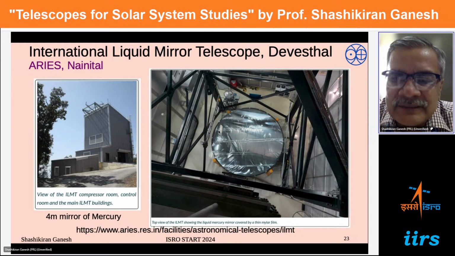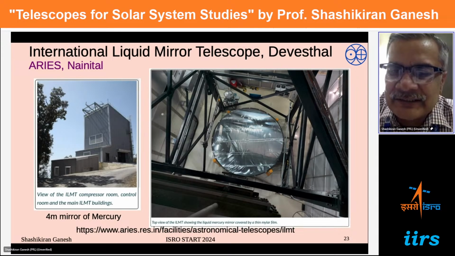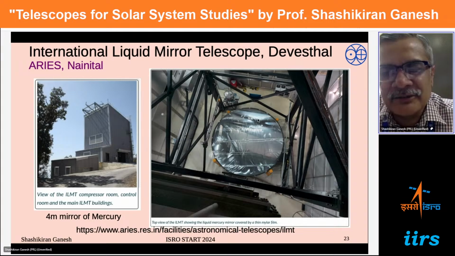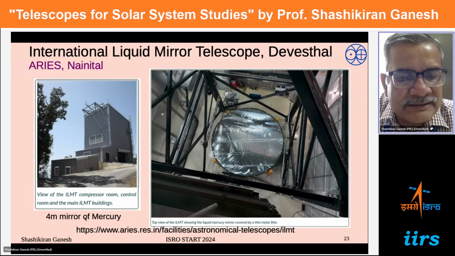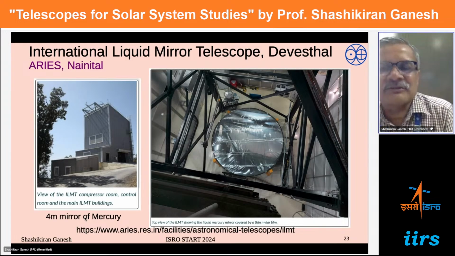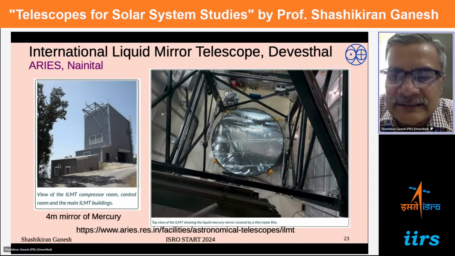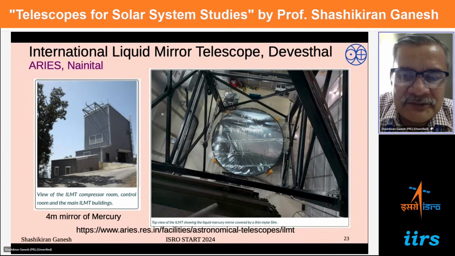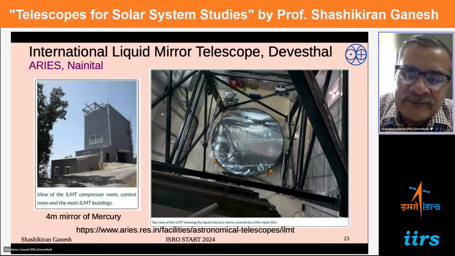And when the mirror is rotating at reasonable speed, the mercury spreads across, providing you with a very accurate surface definition, which allows you to build a 4-meter mirror at the fraction of a cost of what a real 4-meter telescope would cost. And the only problem with this kind of a telescope is that you have to point at only the vertical sky, and whatever sky is passing overhead, you can observe it.